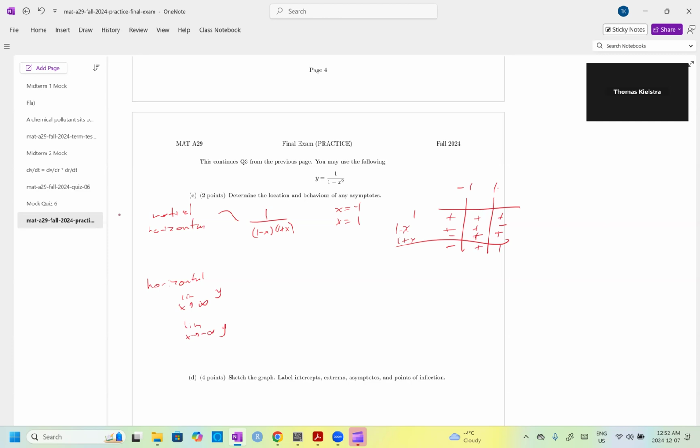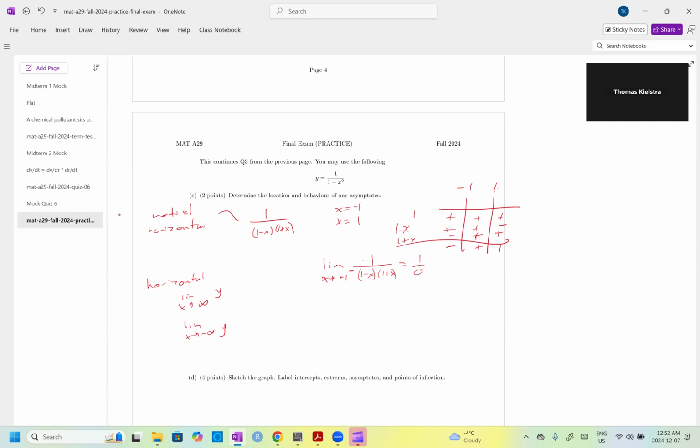So if we take a look at the limit as x approaches minus 1 from the negative side of 1 over 1 minus x, 1 plus x, this equals 1 over 0.